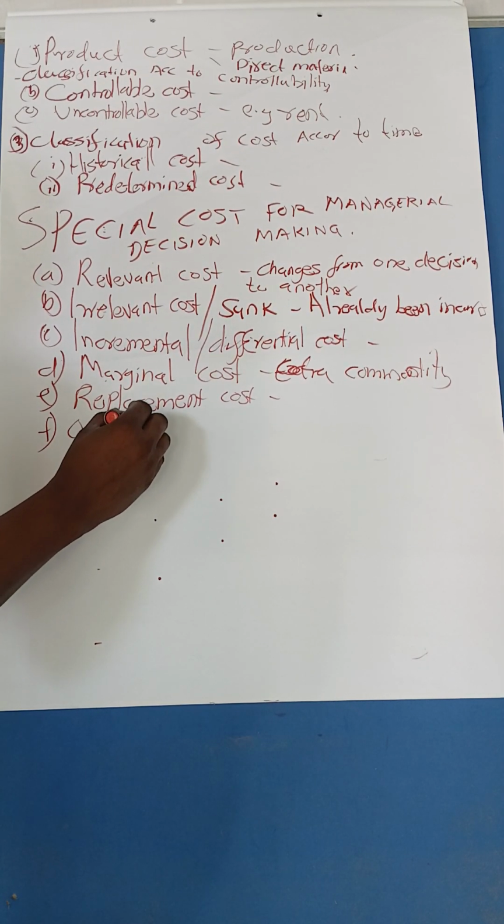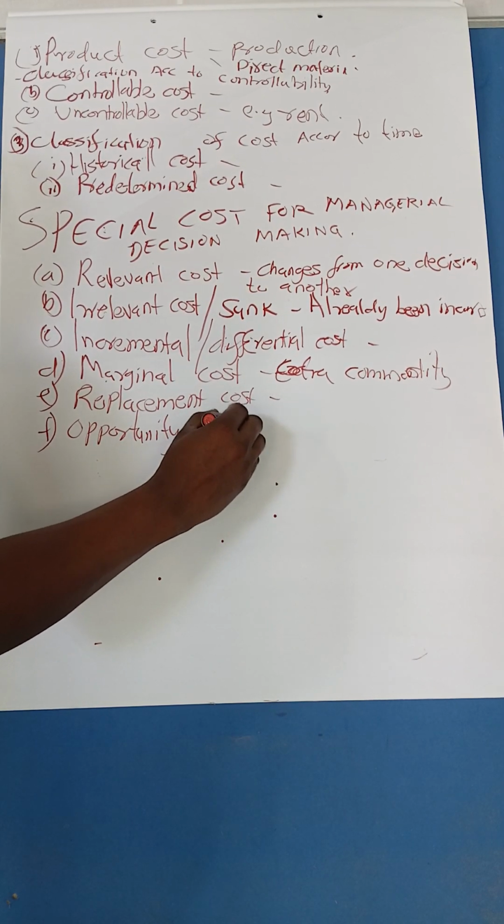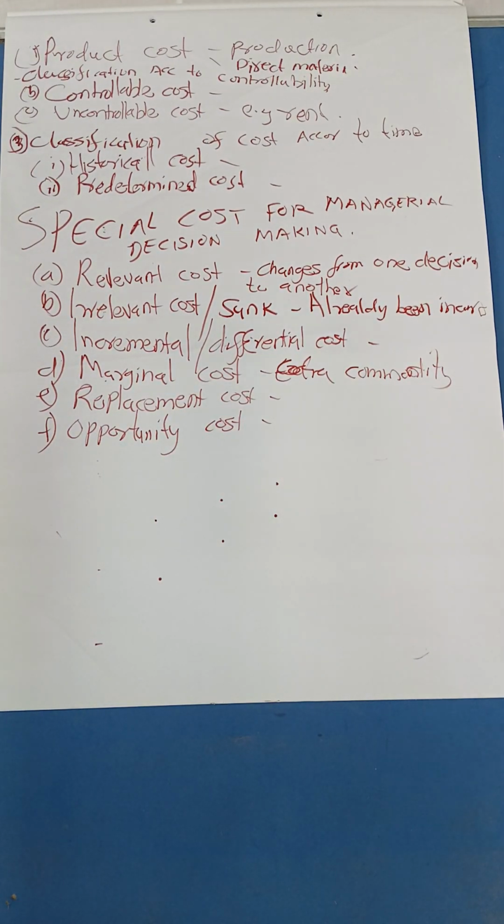Opportunity cost, I think the economics students understand this well. We always say here, when we forego something and go for another one, there are certain costs you will incur. Those costs are called opportunity cost.